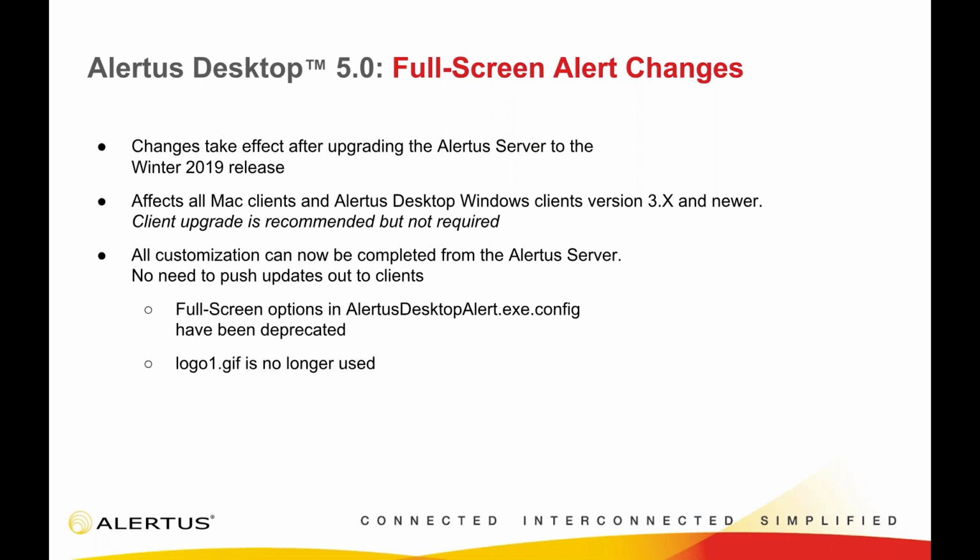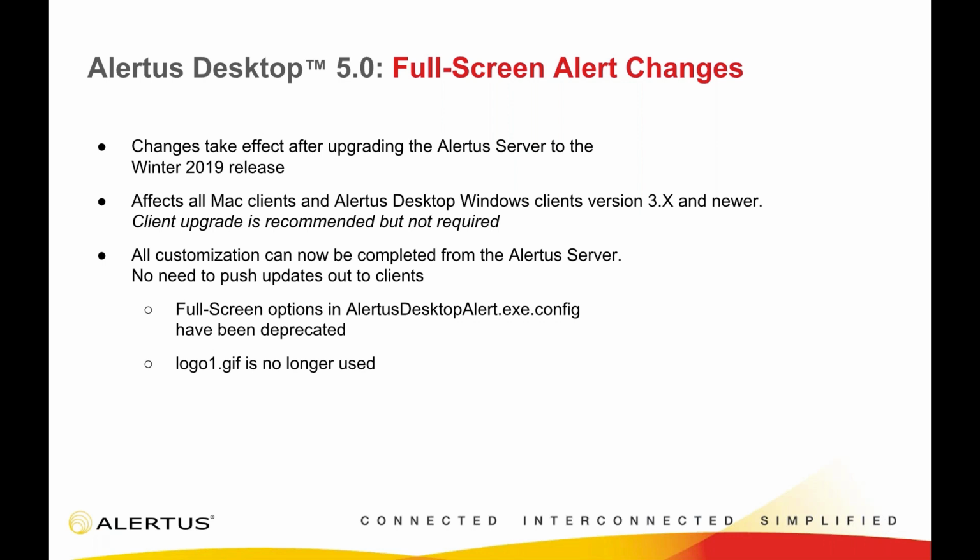They will all take effect after you upgrade to the latest version of the Alertus software, the Winter 2019 release. This is going to affect all Mac and Windows clients, versions 3 or higher of the Alertus desktop client. Most of this is coming from the server, so a client upgrade isn't necessarily required, but we highly recommend it so you can take advantage of a lot of the new features that I'm going to discuss a little bit later on today.